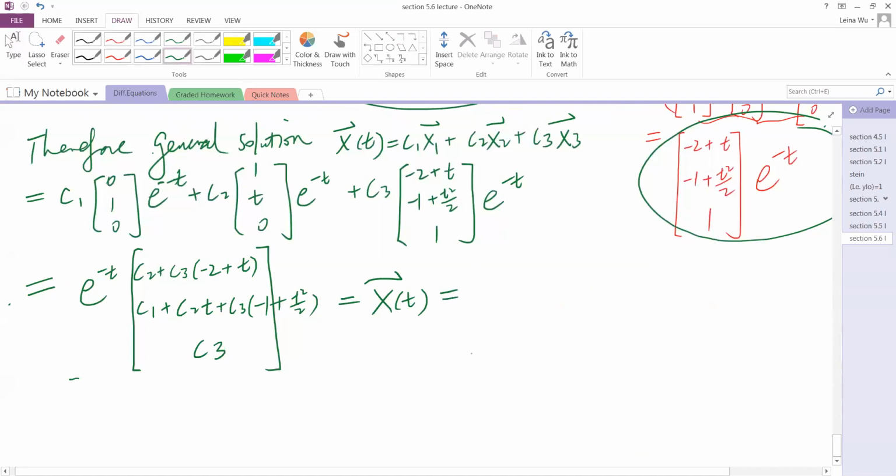And don't forget, this x of t contains three specific unknowns. One is x1, one is x2, one is x3.